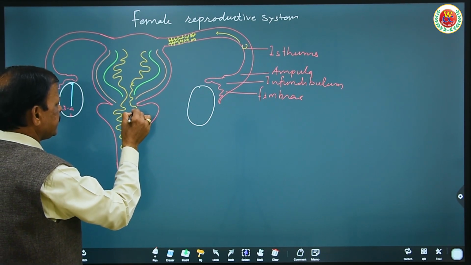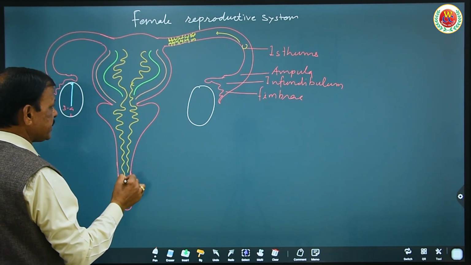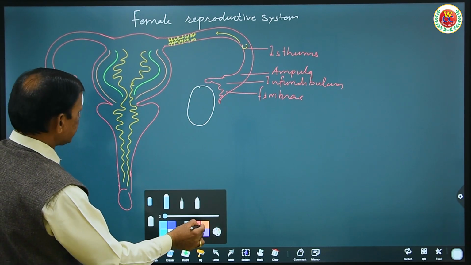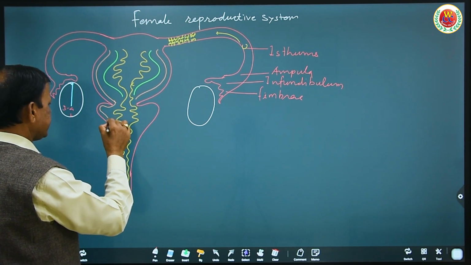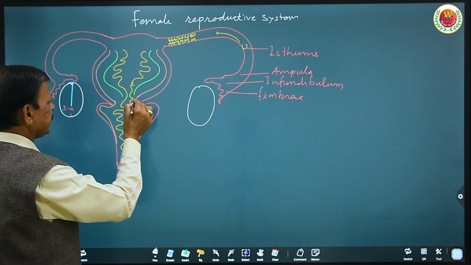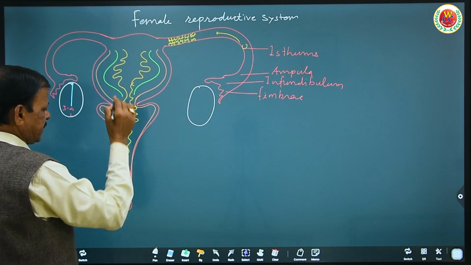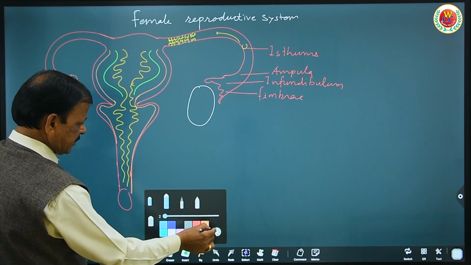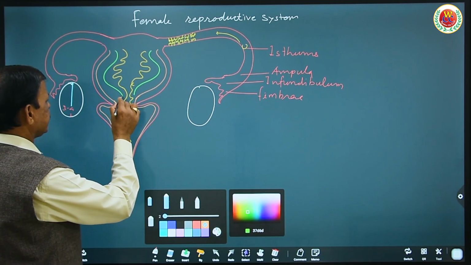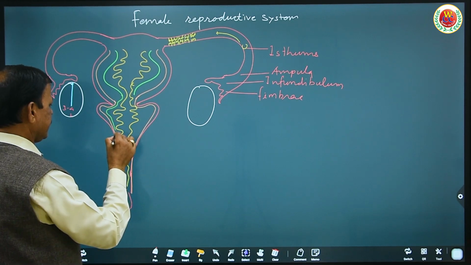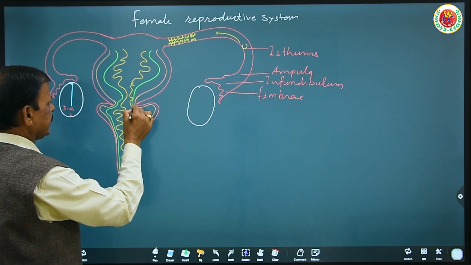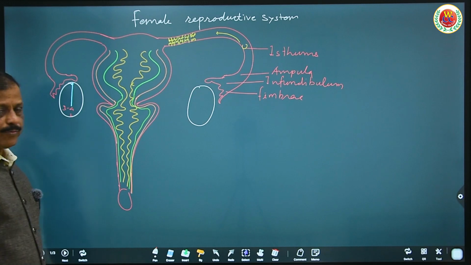This continues from the cervix to the vagina. These 3 layers continue even into the vagina, and the myometrium is highly muscular.